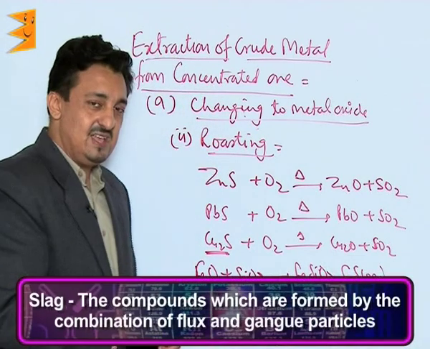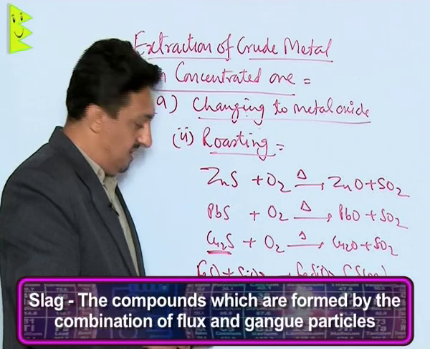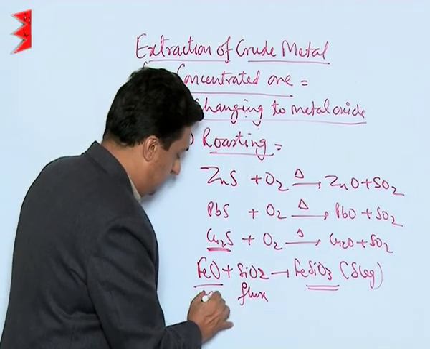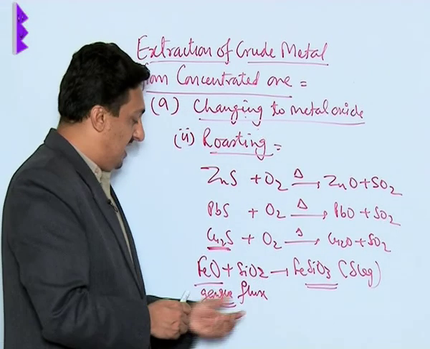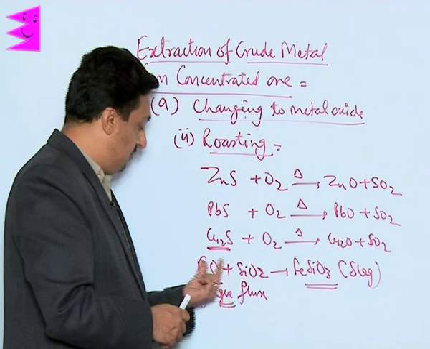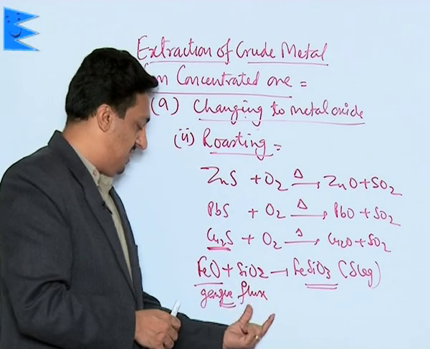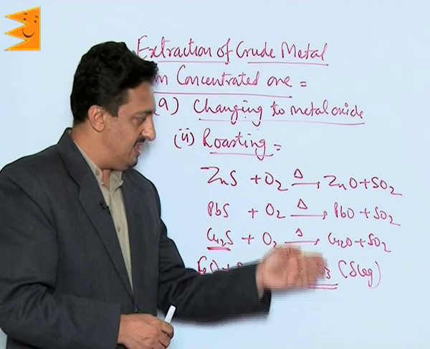Slags are compounds formed by the combination of a flux with the gangue particles. Fluxes are chemical substances added to remove the gangue particles, and the compounds formed by the combination of a flux and the gangue are called slag. So ferrous silicate is slag, and it is separated out.